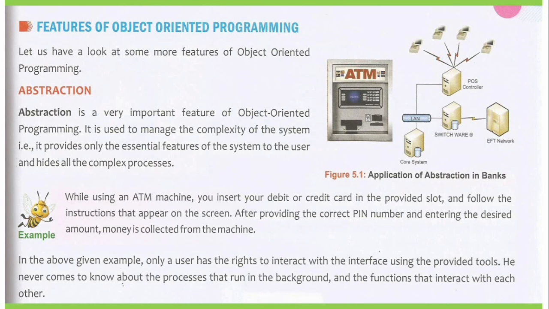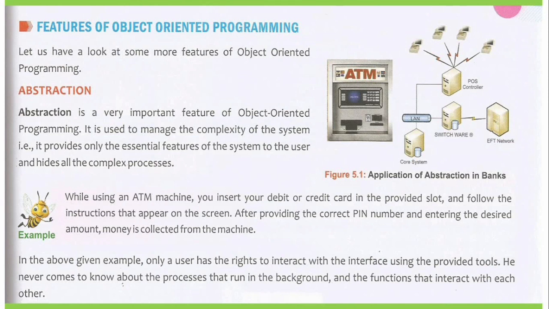How does this abstraction make our software or application user friendly? Because it only provides the essential features of the system to the user and hides all the complex processes.